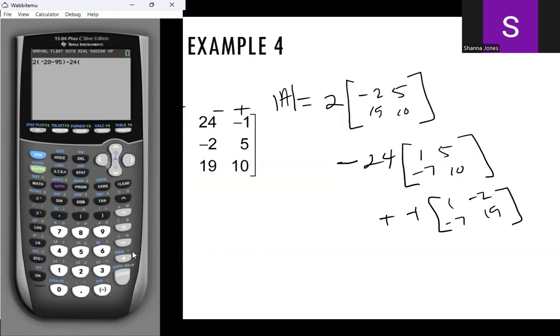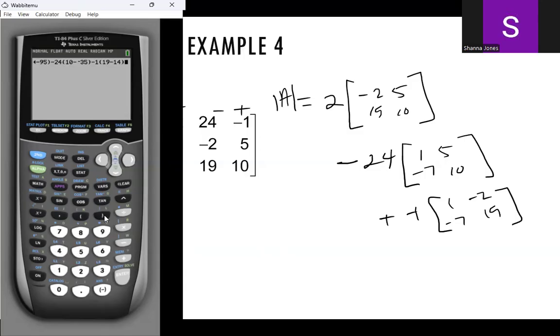times 1 times 10 is 10, minus 5 times -7, which is -35, minus 1 times 1 times 19 is 19, minus -7 times -2, which is 14.